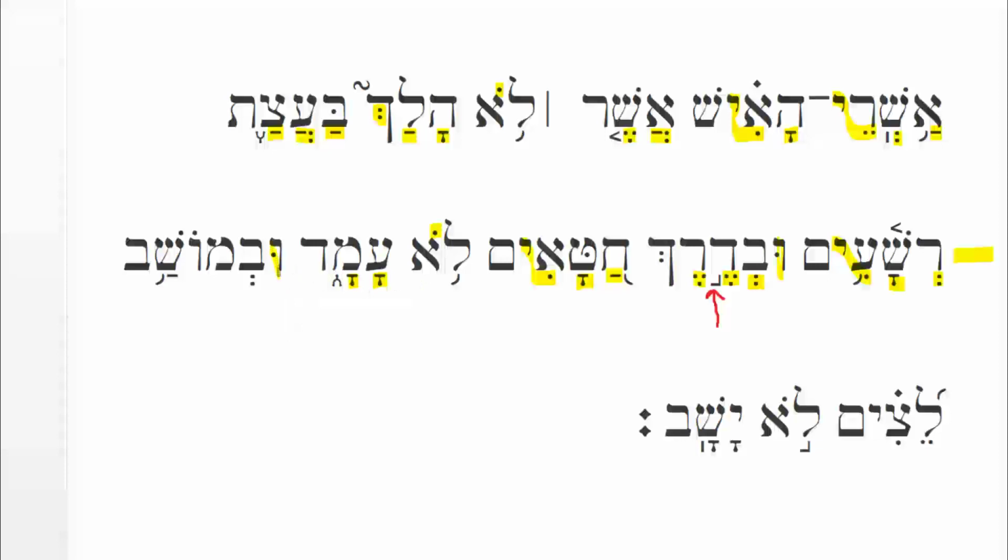Here's another shurek. That's a vowel even though it's coming at the beginning of a word. The only case where we have a vowel coming at the beginning of a word. And then we have the bet has a vocal schwa, b. The mem has a holam vav. And so that's mo, and then the sheen has a patach. So we have uve moshav.